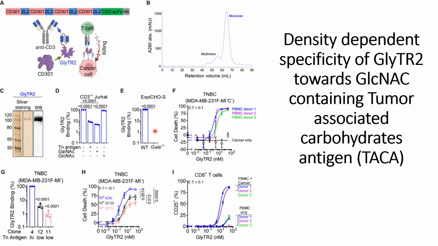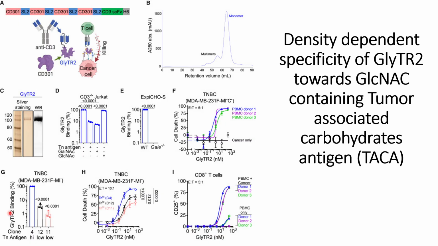And once they validated their results, they now co-culture it with these cancer cells, that is breast cancer cells, and they are able to see an increase in the cell death in the 3 donor samples that they have tested. In this case, they vary the amount of GlyTR2, and in panel G, they used effector to target ratios of around 10:1.